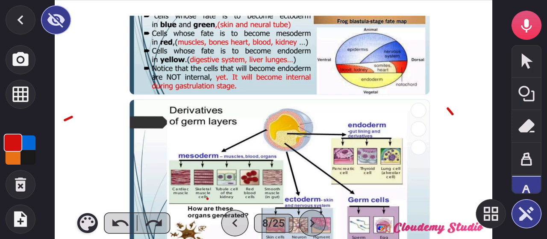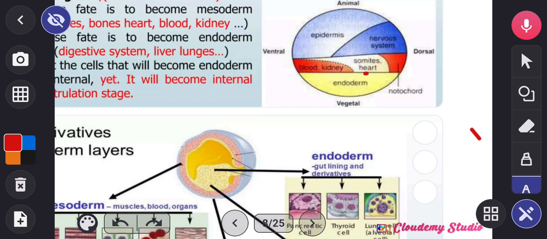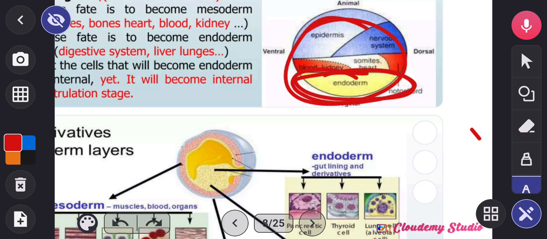Now notice that the cells that will become the endoderm are not internal yet, but they will become internal during gastrulation. In this blastula of a Xenopus, which is a frog, you will see that they are not internal yet, but during gastrulation they will move inside.